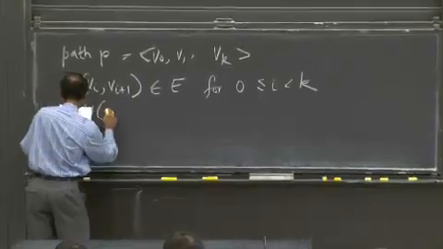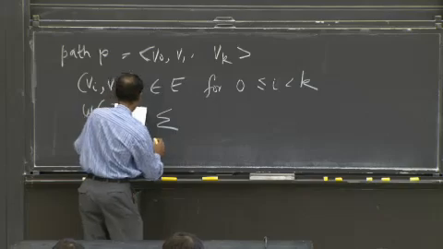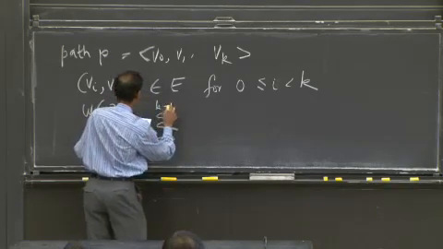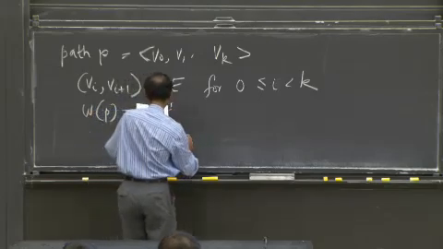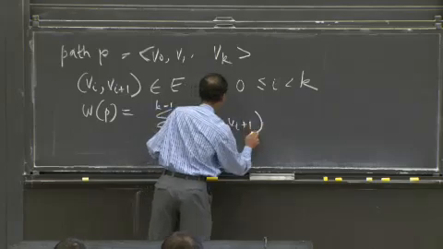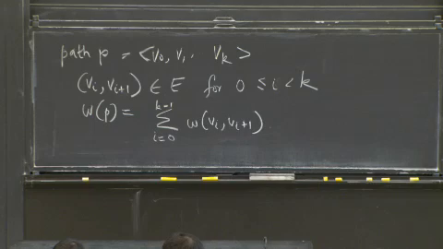And W of P is the weight of the path. We know about the weight of edges. Those are easy. They're given by the W function. The weight of the path is simply the summation of the weights of the edges. All right? So fairly obvious definitions, but obviously we have to get these right in order to actually solve the problem correctly.